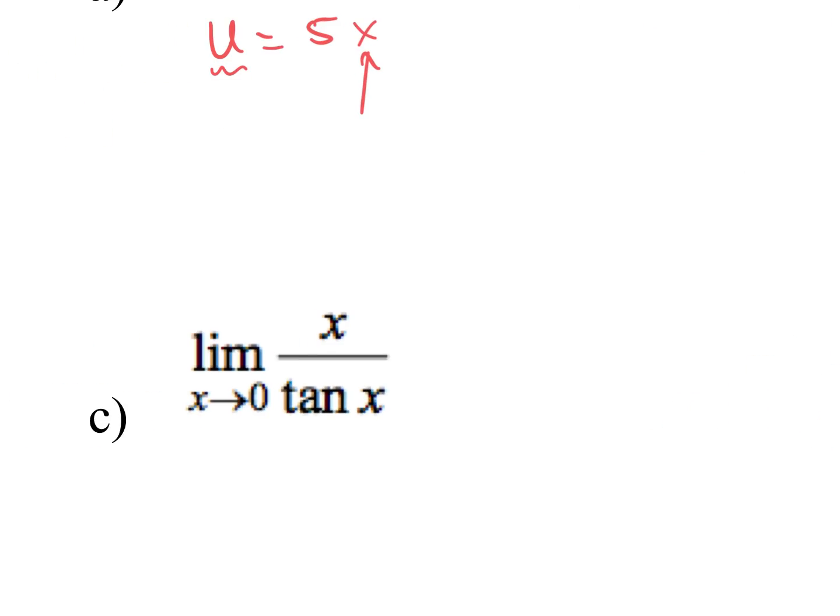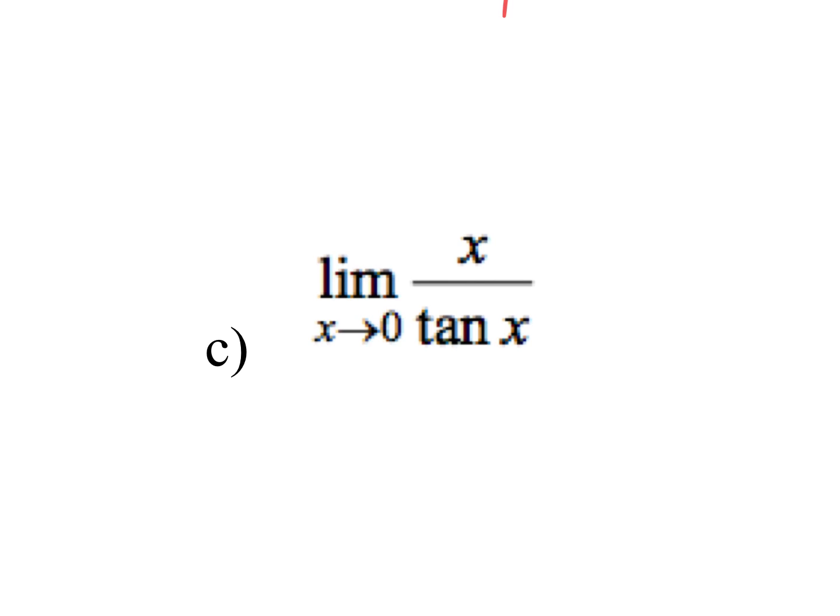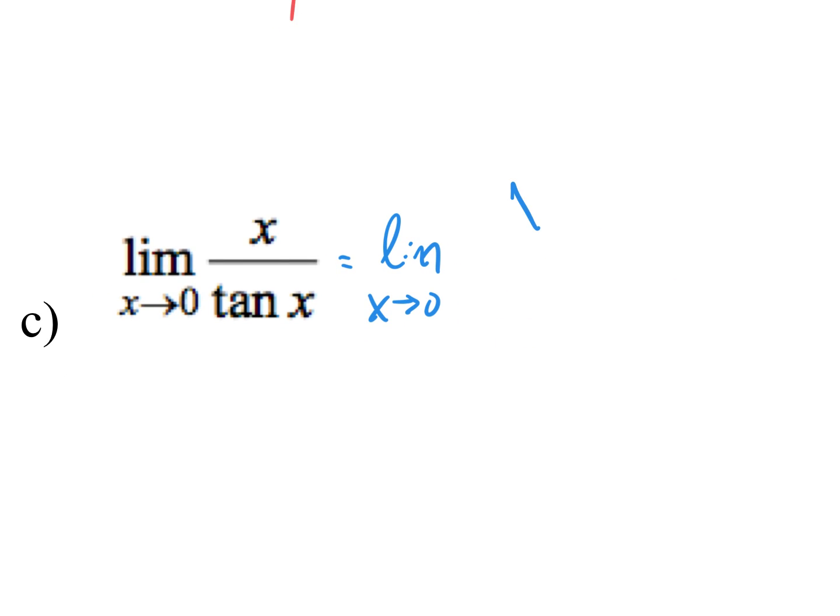All right. How about x over tangent x? Well, this is the limit as x goes to 0 of x over, now tangent is sine x over cosine x. Okay, and so we just need to clean this up a little bit here.